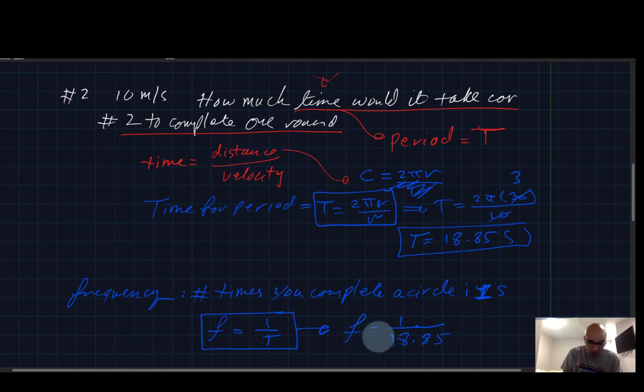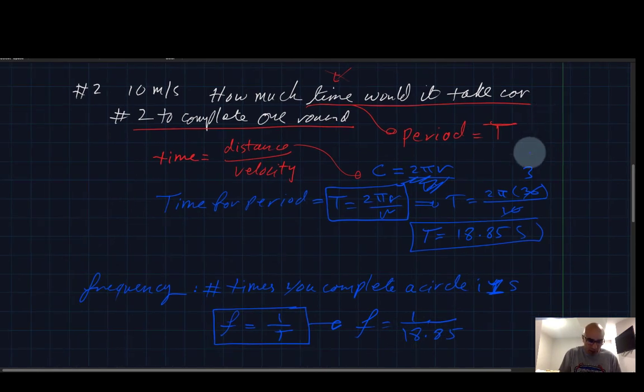So the frequency is not going to be one circle in 1 second. That's obvious. So doing the calculations for this one, we find that the frequency is actually very small, 0.05.